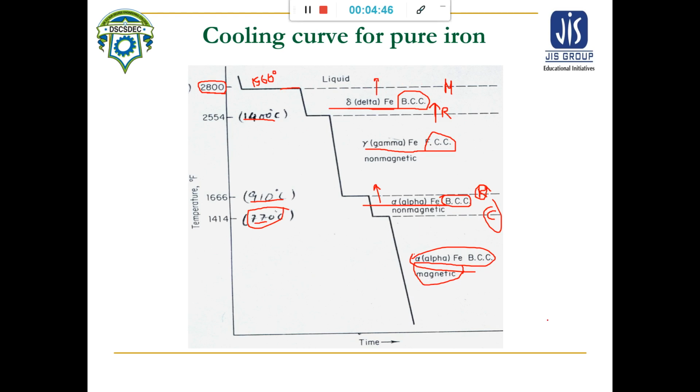Now if we add impurities such as carbon, what will happen? As we add impurity, the melting point will become less. That is due to Raoult's law, which we have studied in the last section.